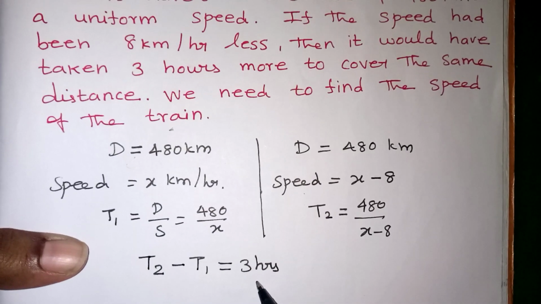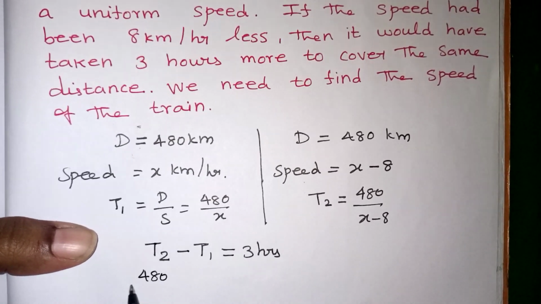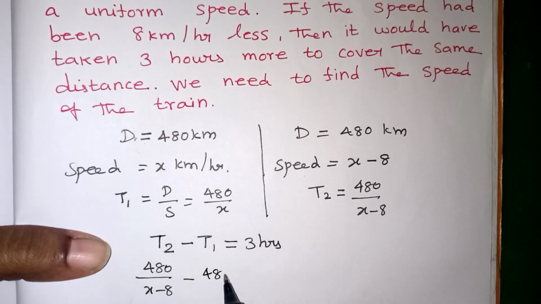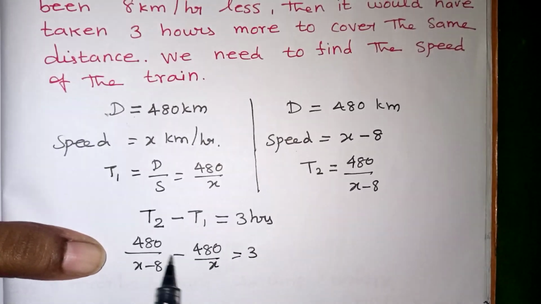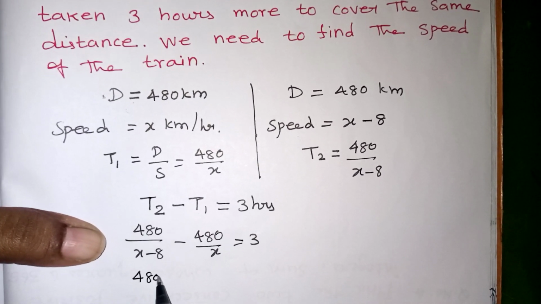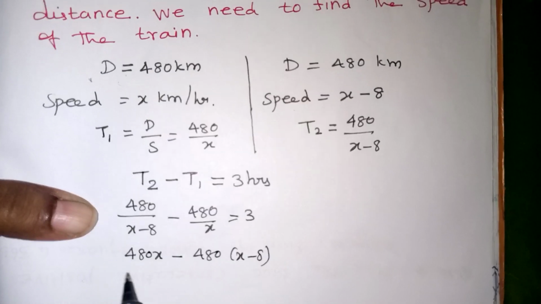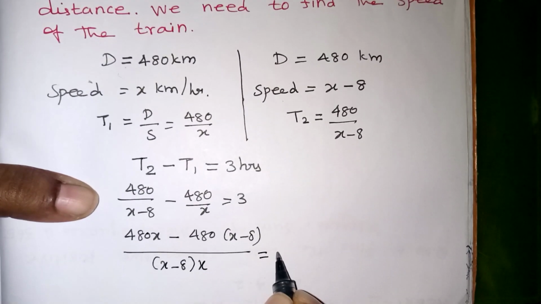Now the difference between the timing is 3 hours. So in the place of T2 you take 480 by x minus 8, minus in the place of T1 you take 480 by x, which is equal to 3. Just take the cross multiplication: 480x minus 480 into x minus 8, divided by x minus 8 into x, which is equal to 3.